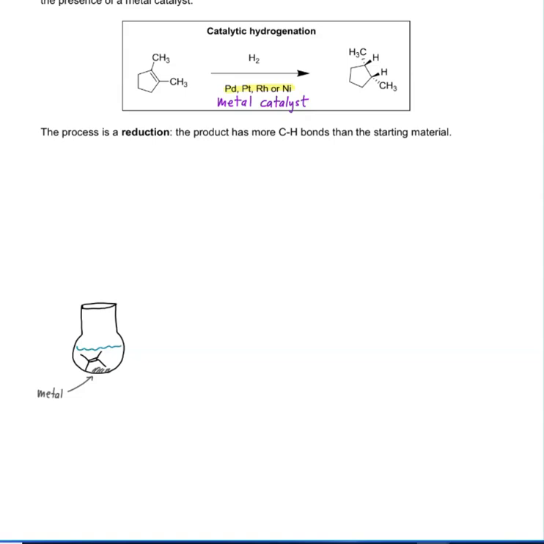It's going to stay in a different phase than the solvent and the rest of the reactants. So we call that a heterogeneous catalyst. So the metal here is a heterogeneous catalyst, meaning it's in a different phase than the reactants.